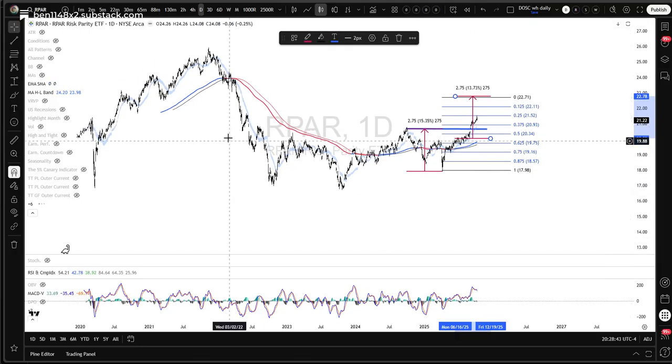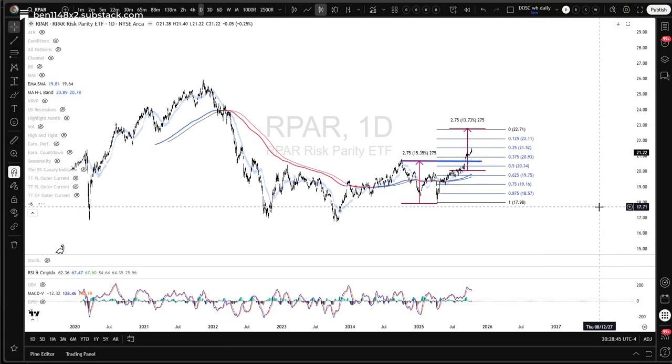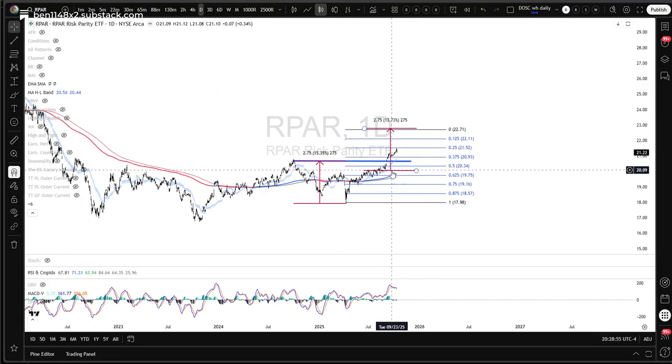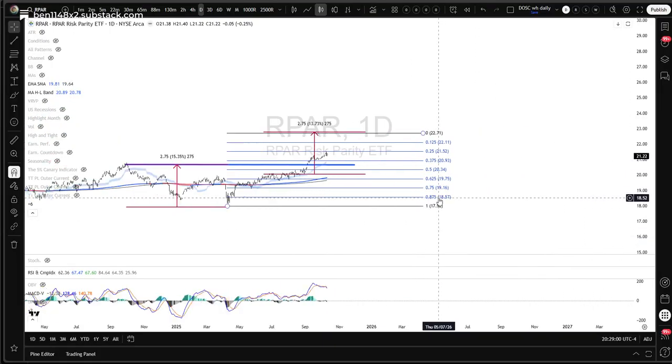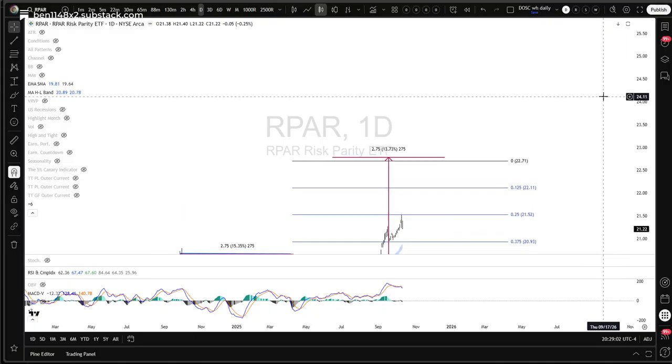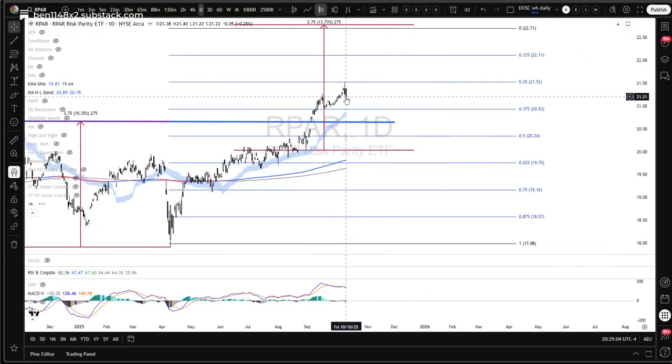So if instruments that present risk parity are what the market is interested in, then we could see a move in those instruments that continues much higher. So interesting that it made a higher low on Friday as much of the market made a lower low.